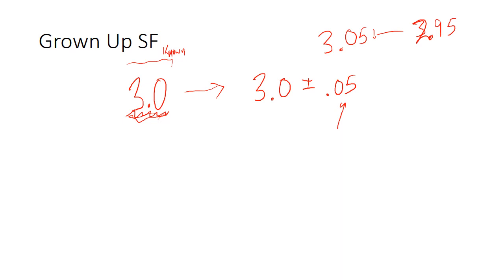So don't worry too much about weird operations when you're doing significant figures, but this is what's happening underneath, and you'll learn much more about that when you do a quantitative analysis class in college. I know you won't be able to wait, but that's okay.